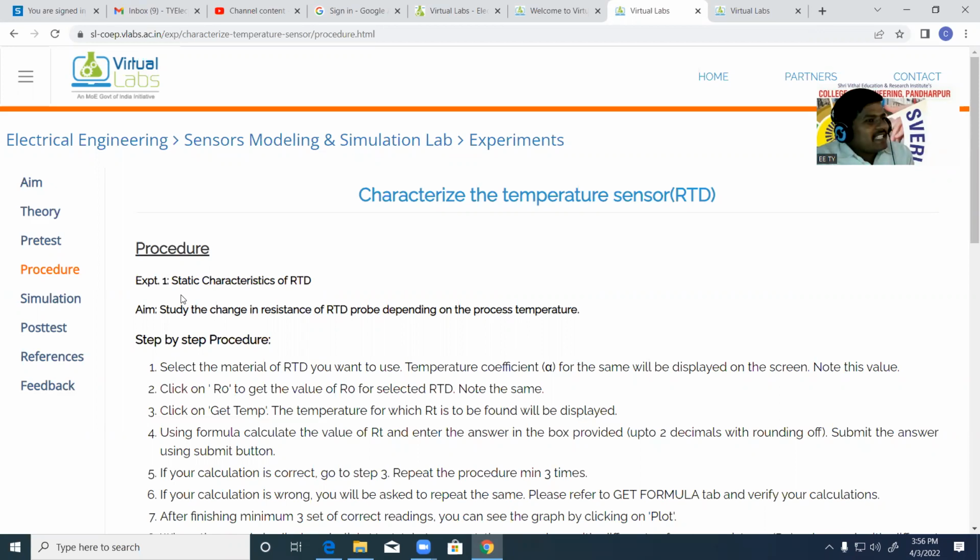If the temperature increases, what about the resistance of that heating element? It will increase. If the resistance of that heating element increases, what about the current flowing in the circuitry? It will decrease, no?